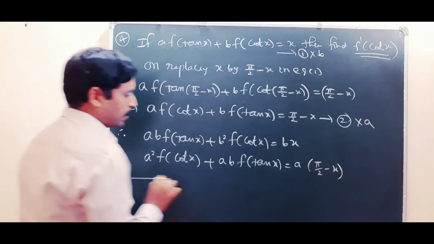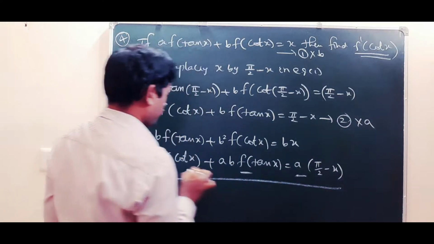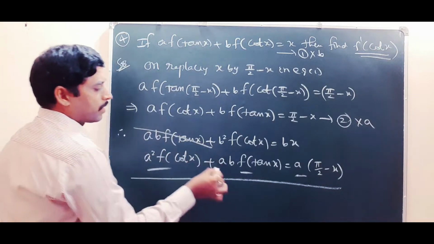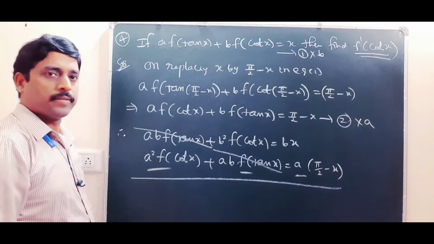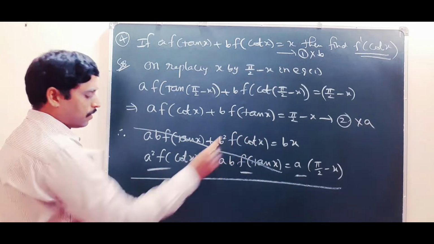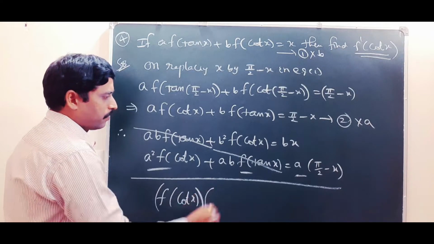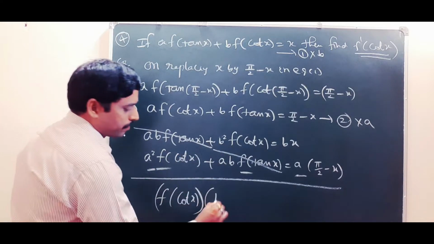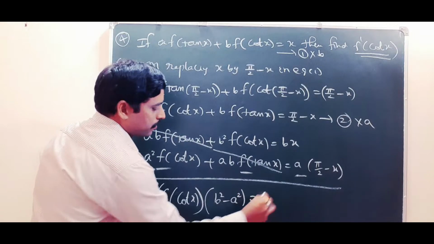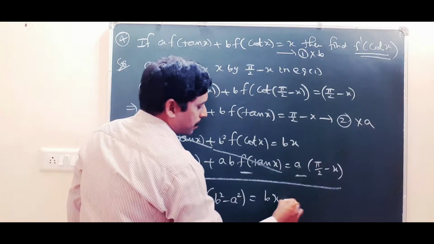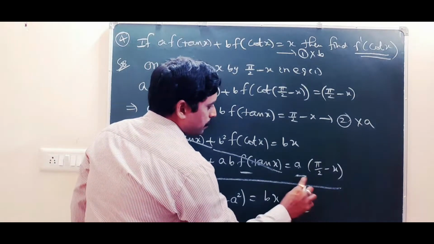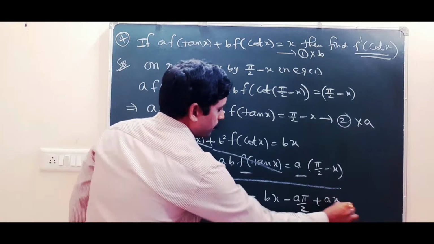Okay, let us do subtraction. ab f of tan x and ab f of tan x get cancelled. It will be f of cot x, taking out common, b square minus a square, equal to bx minus a pi by 2, so minus into minus, plus ax.